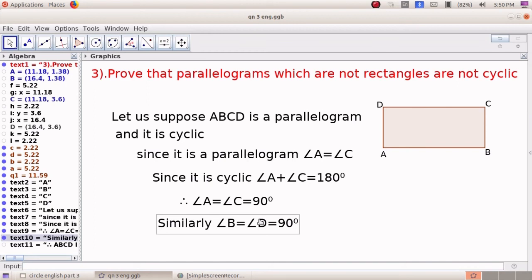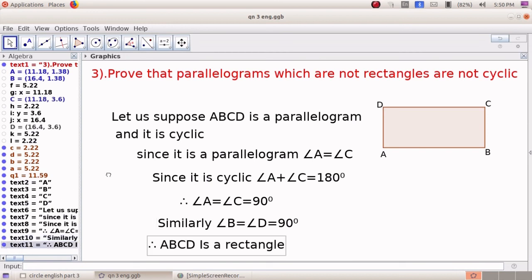At last we come to agree all its angles are 90 degrees, meaning it is a rectangle. If we take any parallelogram and suppose it is cyclic, at last we have to go through these steps and agree it is a rectangle. Therefore only a rectangle can be cyclic among parallelograms. Hence we have done.